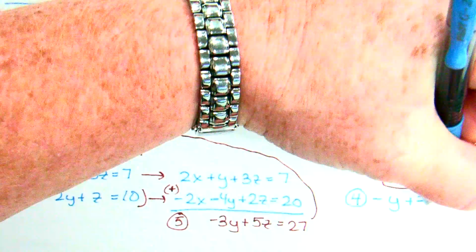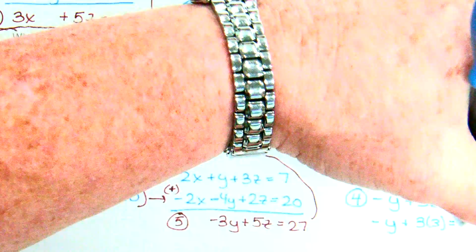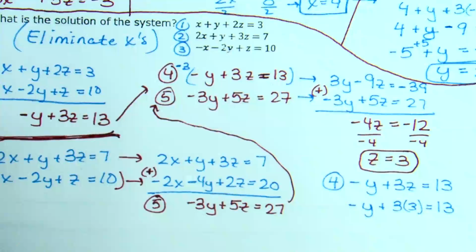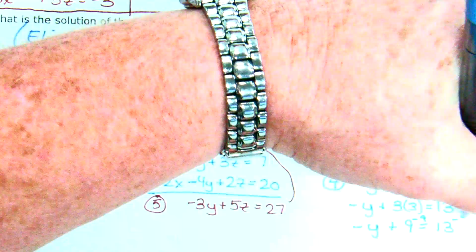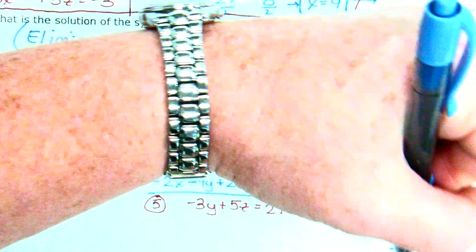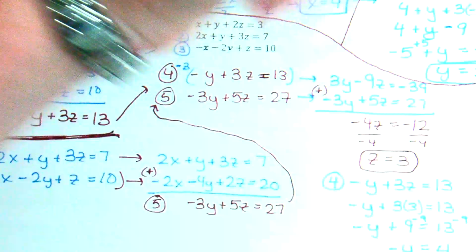Negative y plus 3z equals 13. So negative y plus 3 times 3 equals 13. Negative y plus 9 equals 13. Subtract 9. Negative y equals 4. And then officially, what do we do? Divide by negative 1, and y is negative 4. And then you're taking those answers and plugging into 1, 2, or 3.